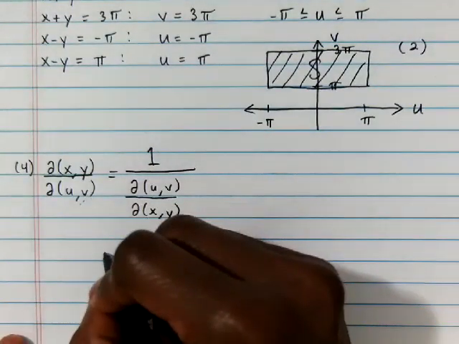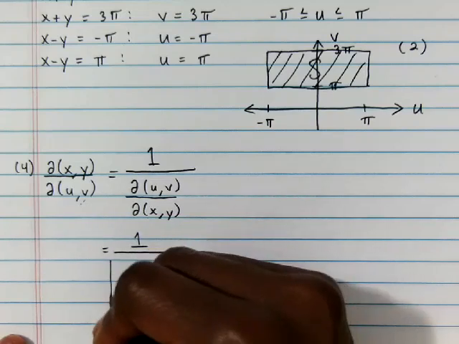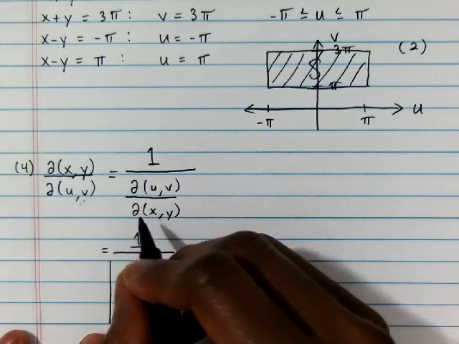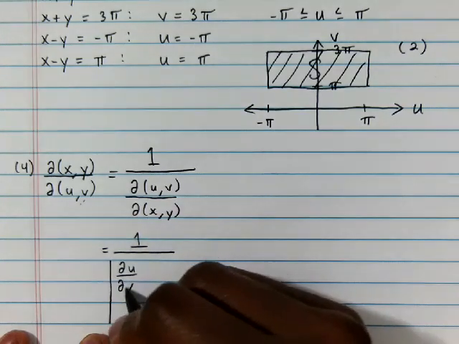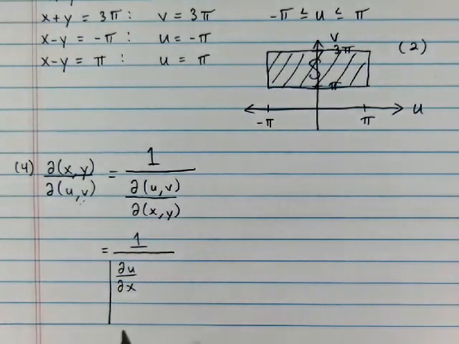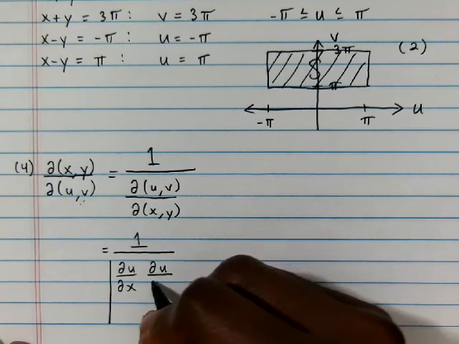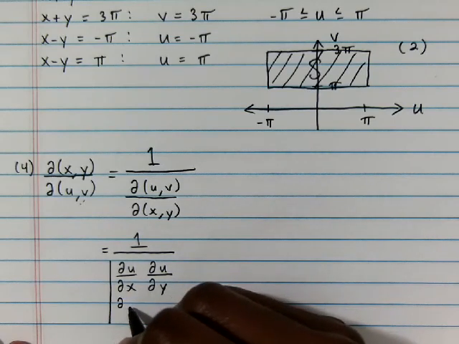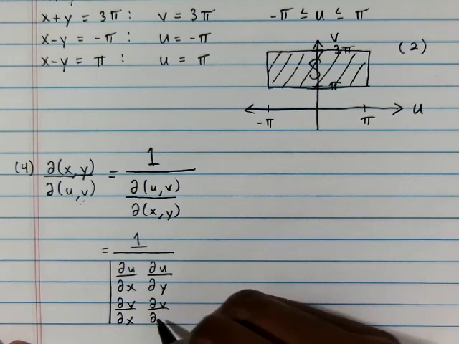So that's equal to 1 over the determinant of this: the partial of u with respect to x, the partial of u with respect to y, the partial of v with respect to x, and the partial of v with respect to y.